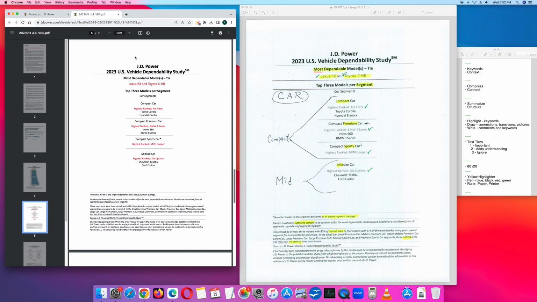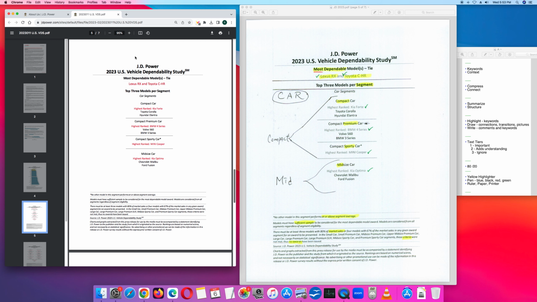What I'm doing here is this is about connections, context, and structure. So it's not only about highlighting keywords. Sometimes it is, okay? But with this presentation, I'm like, okay, what are all these words here? How do they fit?